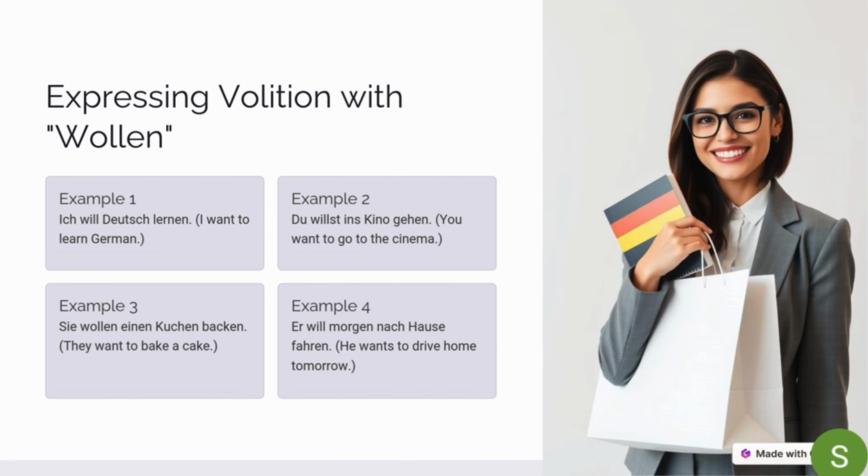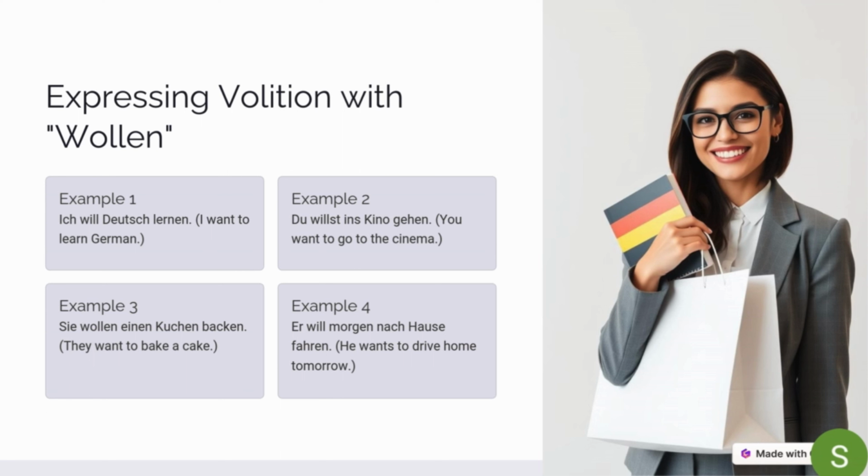Coming to the next modal verb, we have wollen. Wollen is used to express volition, or in other words, desire, the desire to do something. In its English translation, it means want. Example 1: Ich will Deutsch lernen.